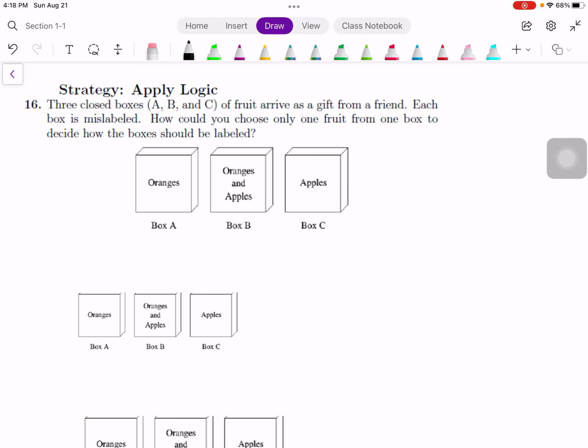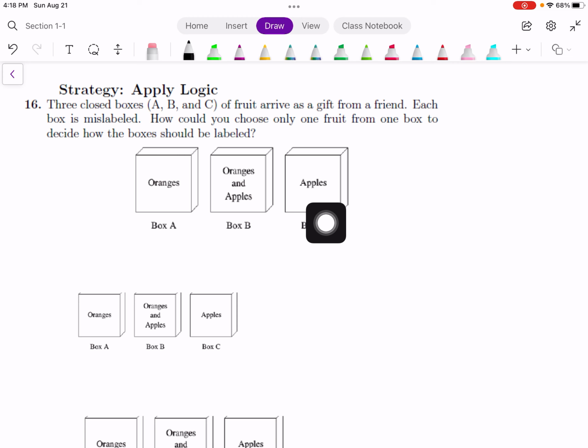So let's think. I'm pausing here so we can all think about it. Basically, here is what I see. If I pick one fruit from the box labeled apples, what will happen? I know this box might be oranges and apples. It's mislabeled, so instead of apples, there could be oranges and apples.